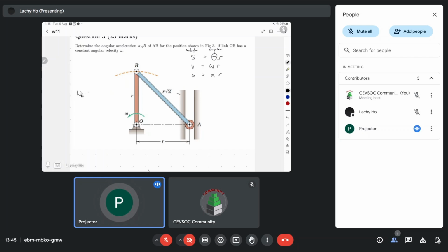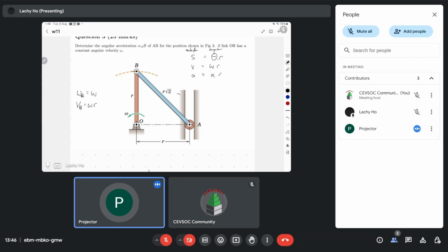The angular velocity for B, we'll just call it W. And the velocity of B itself, that is the point itself moving in time, is going to be angular velocity times the radius, so WR.